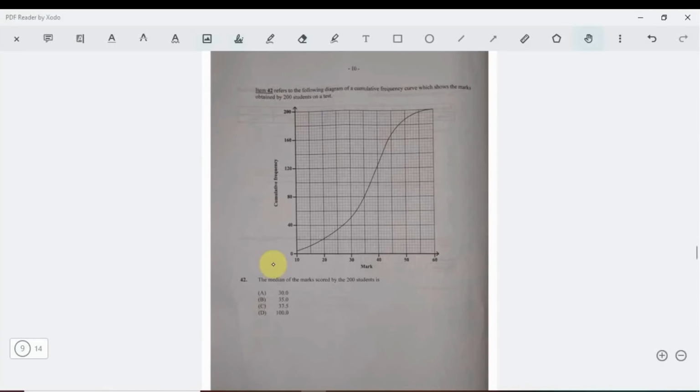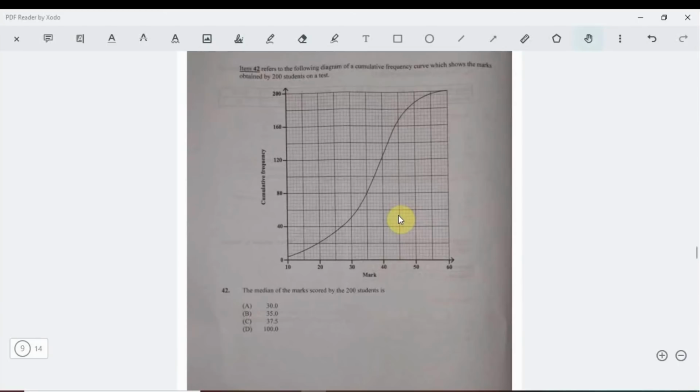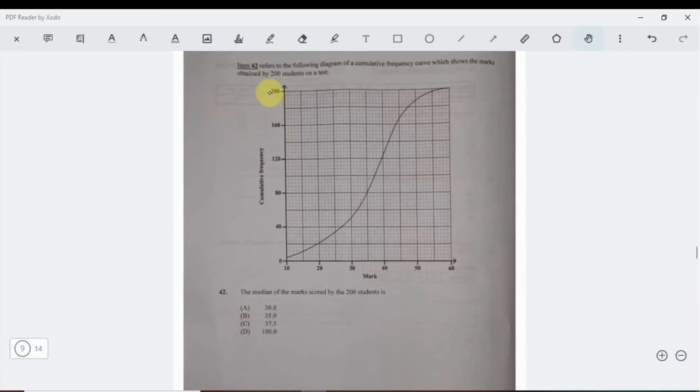Alright, question 42. It wants us to find the median. So remember, all you're going to do is divide 200 by 2 to get 100. Then you go to 100 on the graph. Then you draw a dotted line over to there.